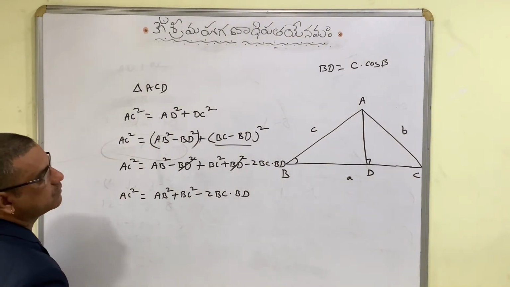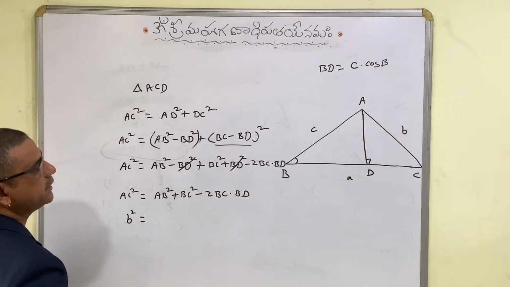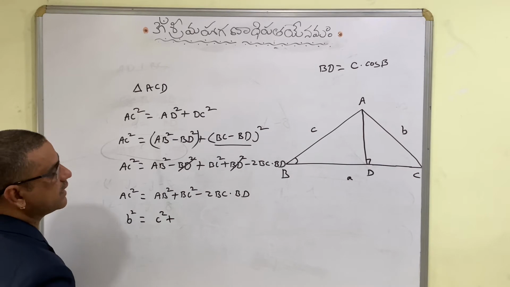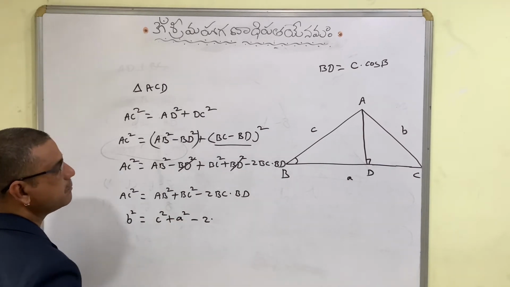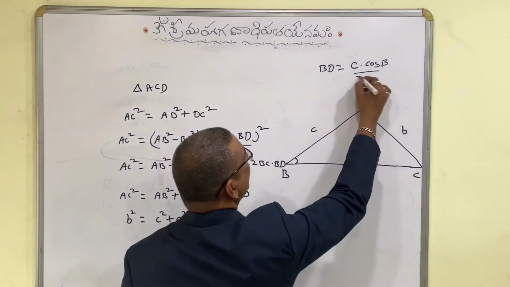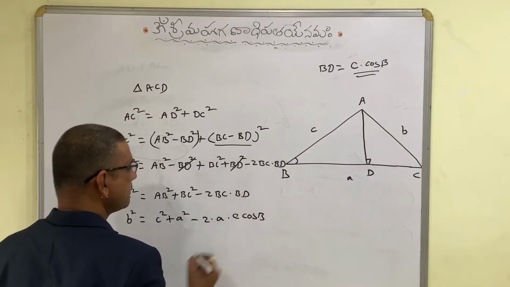AC square is nothing but B square. Now I am substituting the values. AB square is C square. BC square is A square. Minus 2 BC, which is A, times BD, which we substitute as C times cos B.